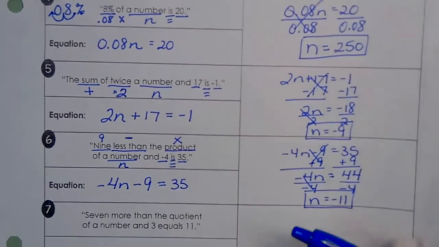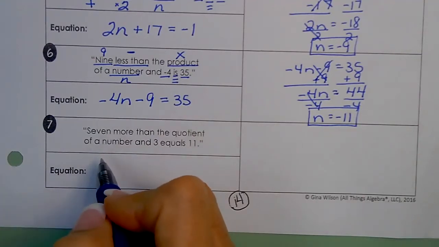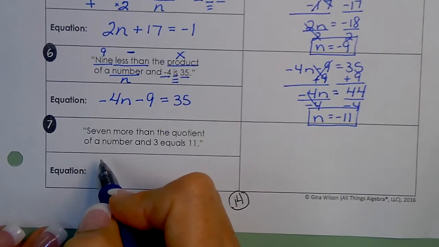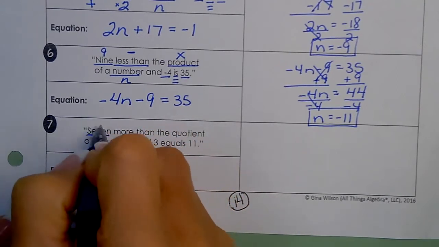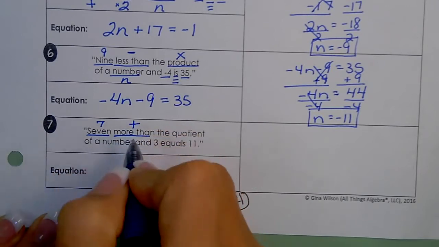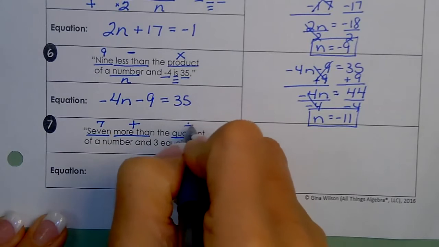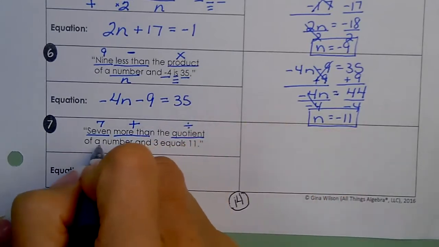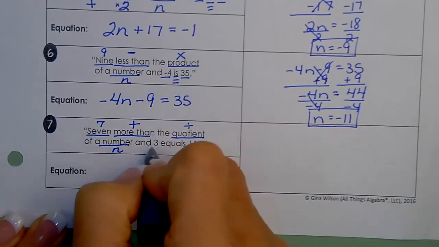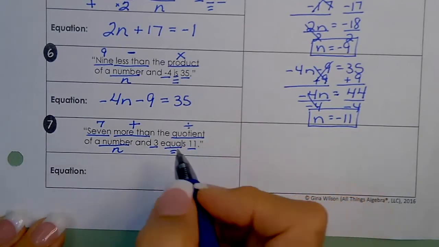Number 7. 7 more than the quotient of a number and 3 equals 11. 7 more than is addition. The quotient is division of a number and 3 equals 11.